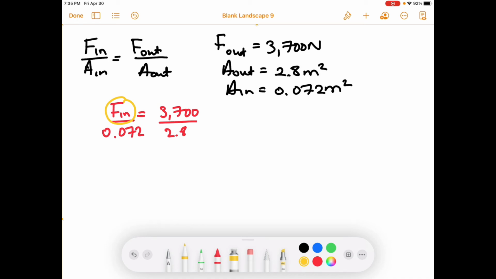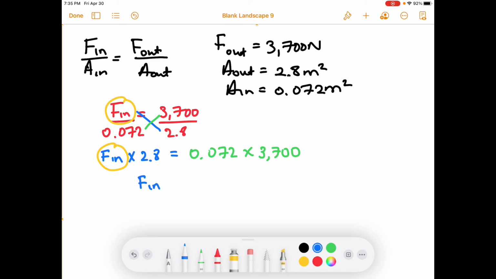So we're going to have to do a couple cross multiplication rules. So in order to cross multiply, we're going to cross multiply these two, and then we're going to cross multiply these two. So we're going to do F in times 2.8 equals 0.072 times 3,700.